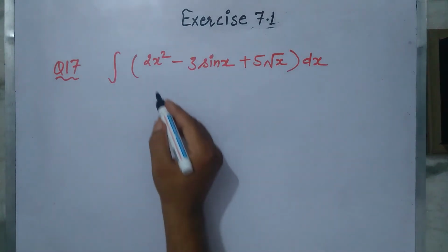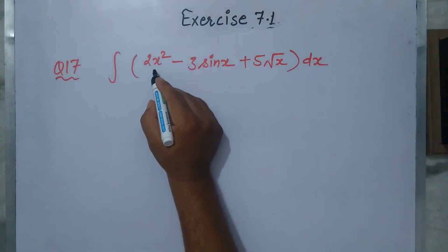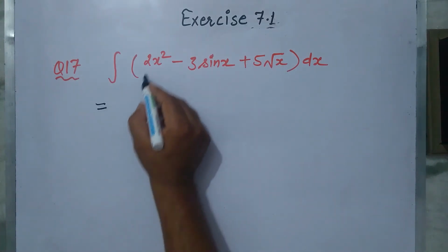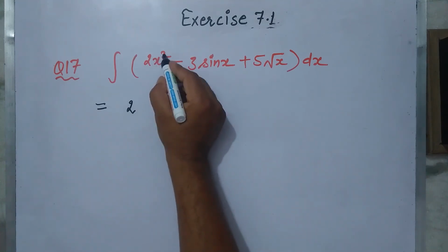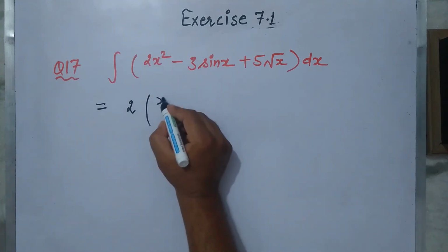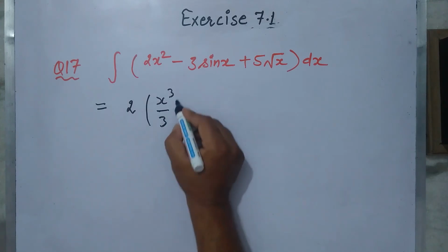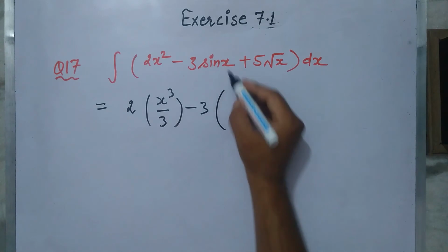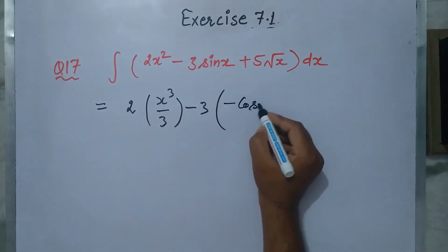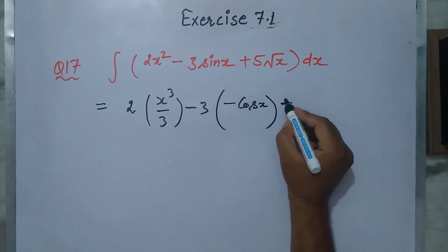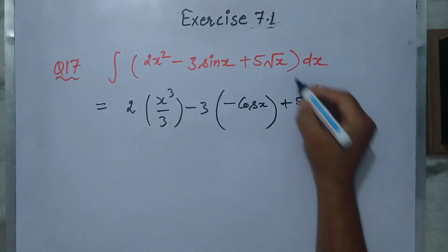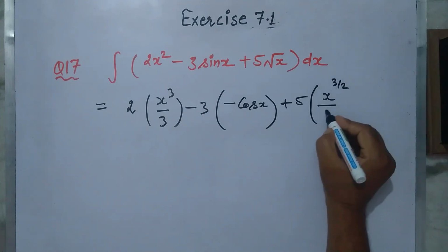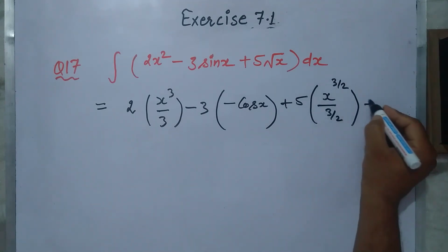Our next question, number 17: 2x square minus 3 sin x plus 5 square root of x. So this is 2 into integration of x square is x power 3 upon 3, minus 3 constant integration of sin x is minus cos of x, plus 5 integration of x raised to power 1 by 2 is x power 3 upon 2 upon 3 upon 2 plus c.